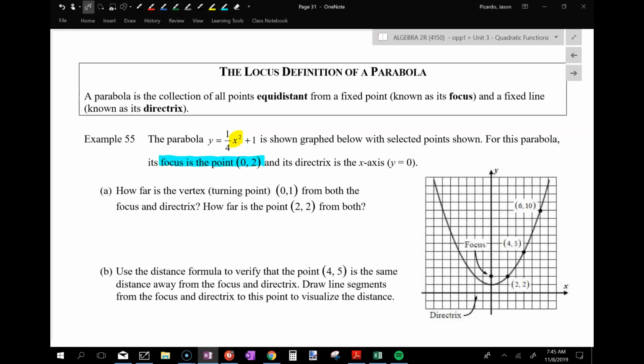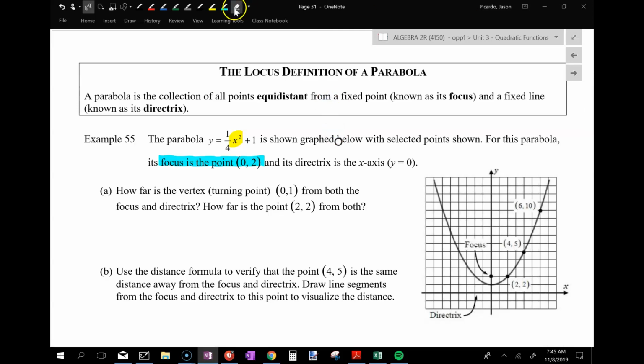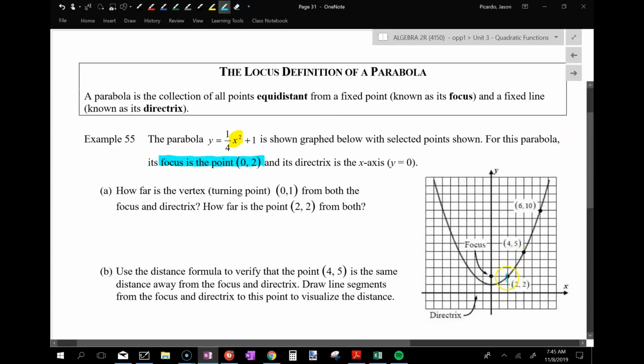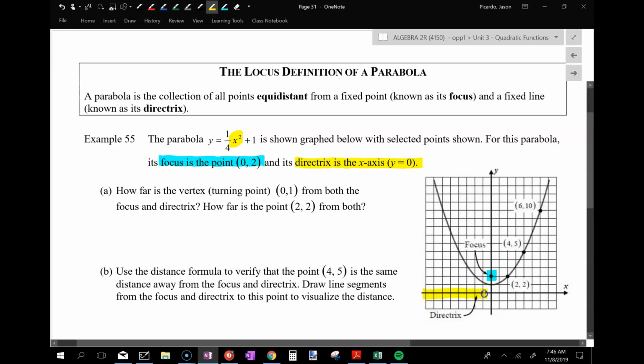So here, the focus is going to be this point right here. And its directrix, that's another new word. Up there, the directrix was the actual line. So this would be the directrix.